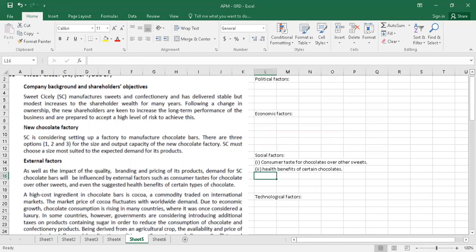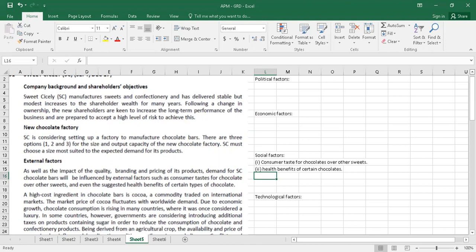See, anything to do with exchange rate, inflation rate, interest rate will have an impact on the economy, isn't it? So the fluctuation in the prices of cocoa, because they are traded on the international market, will have an impact on foreign reserves also, because this product is being taken up by the people in the economy, so they are importing that product.